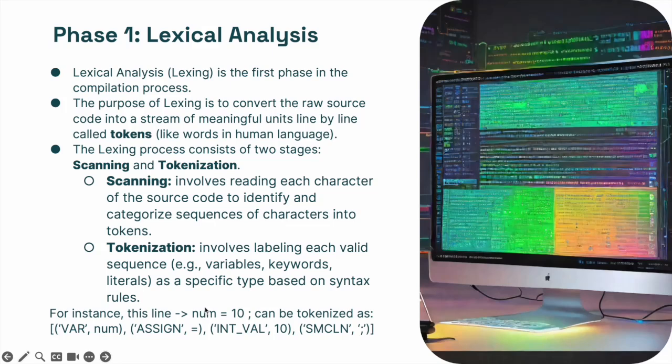So we recognize this is a variable name, this is an assignment operator, this is an integer value, and at the end we have a semicolon. So now we have a stream of tokens from this line, and that's what lexing does. It understands the line of your code and creates meaningful elements, or tokens, from it.